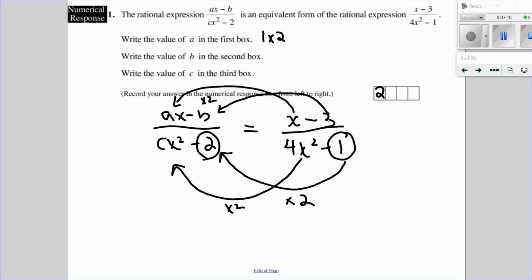My B value is going to be negative 3 times 2, so negative 3 times 2 is minus 6. Since they already have it in the form minus b, I'm just going to write a 6. And then c is going to be the number 4 in front, 4 times 2, and that works out to be 8. So the answer would be 268, and that would be equivalent.